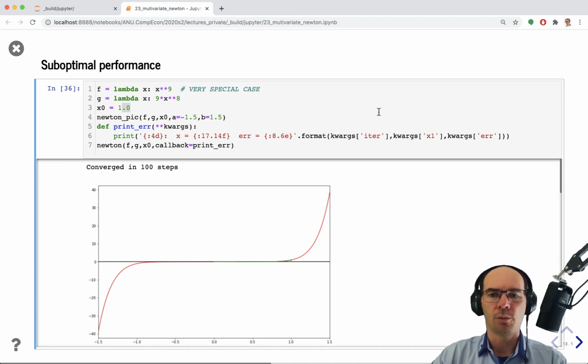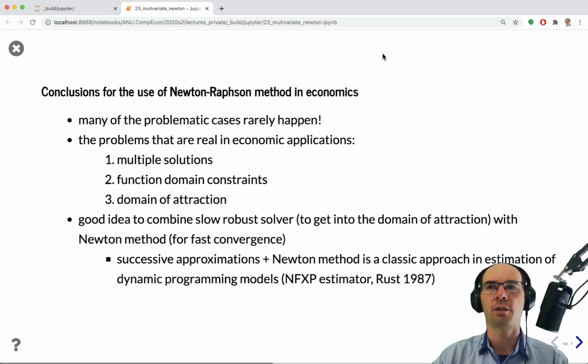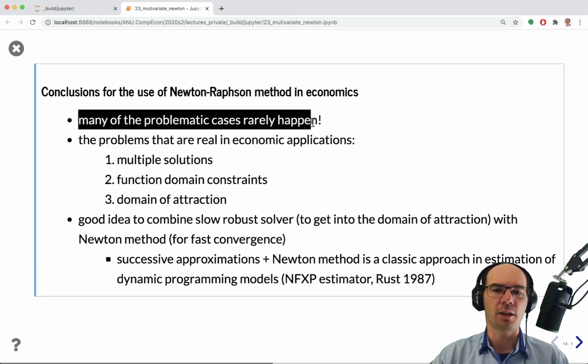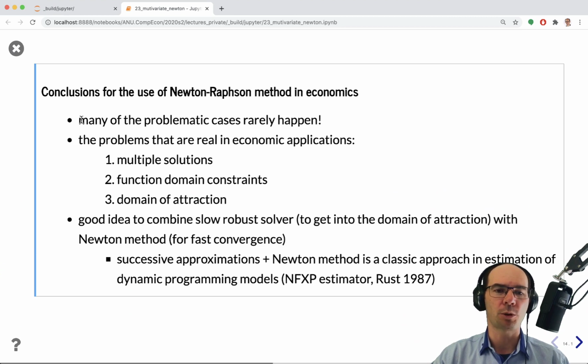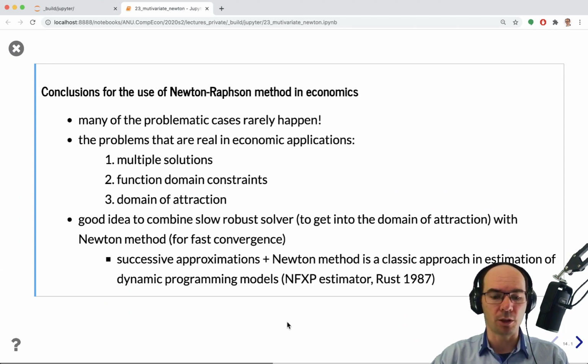Well, the fortunate fact is that this situation in economics basically is very untypical. So I can confidently say that many of these problematic cases rarely happen in the economic applications. But some of them are very important.